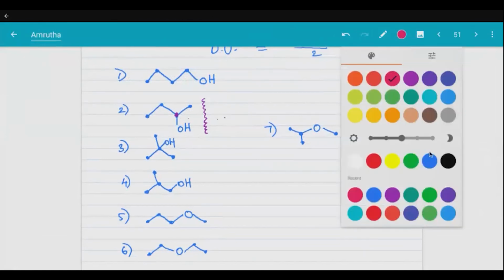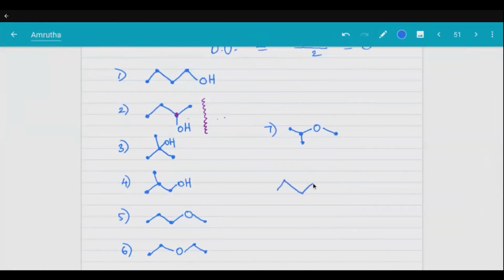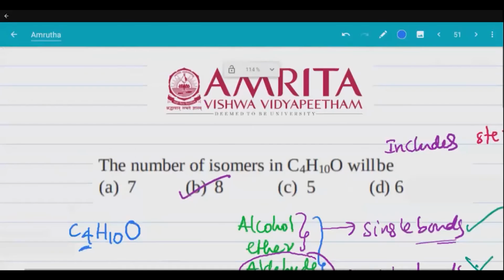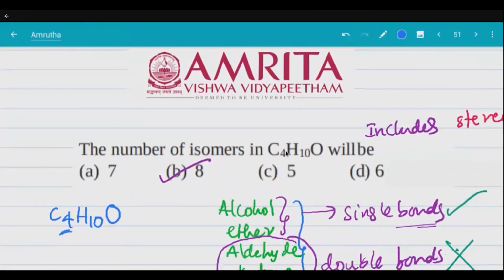This can be OH, one is up or one is down. This is possible. Chiral center, four different groups compulsory. If four different groups are there, that must show optical isomerism. So our final answer should be 8 because they have not mentioned structural here. Total isomers we will take.